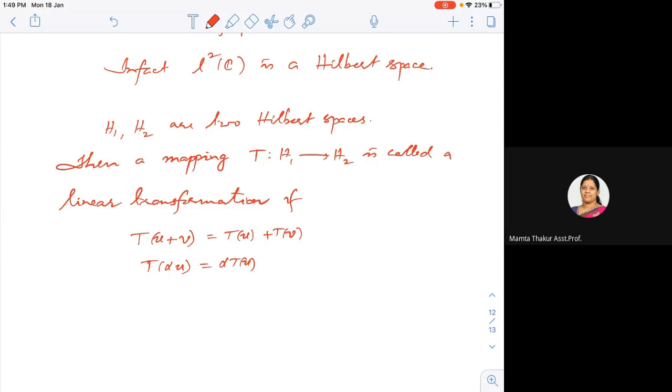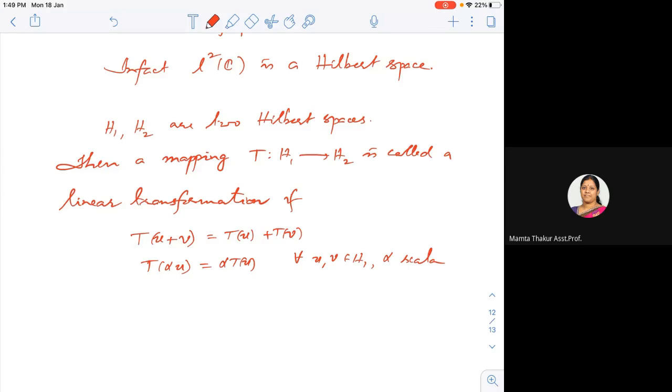Of course, for all u comma v belonging to H1, alpha belonging to the scalars.